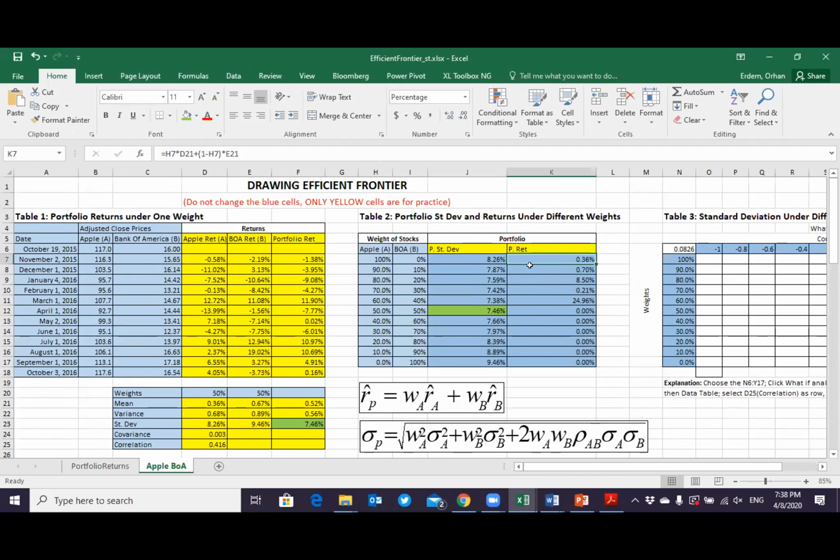I'm sorry. Can you please hit this cell, which is K7? So when you hit the K7, this H7 must have been fixed with F4. I'm sorry, I forgot to do it. Now drag and drop that thing once again.